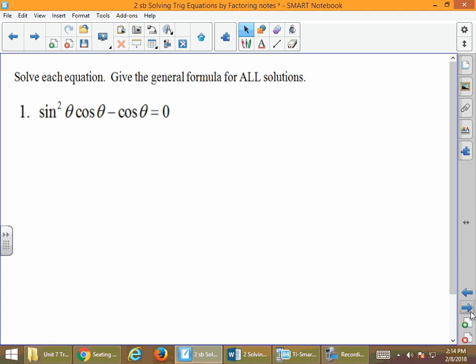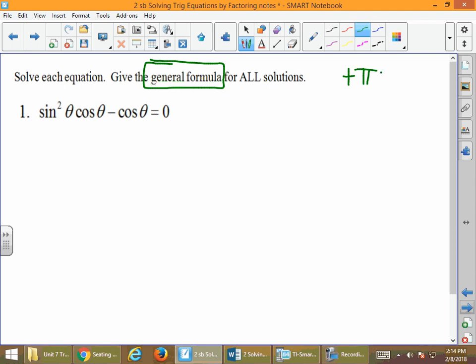In fact, even the grouping could be considered another type of factor, but greatest common factor, split the middle, difference between two squares, are pretty popular in solving a trigonometric equation by factoring. Also do notice that we're going to be giving the general formula for our solutions, and the general formula means that we're either going to add plus pi k or plus 2 pi k.